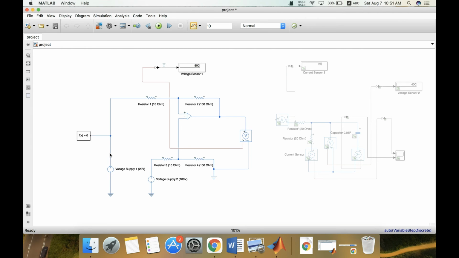And we can now take out this voltage supply and comment this out, run it back. So it is 1,000 volt for the output voltage.